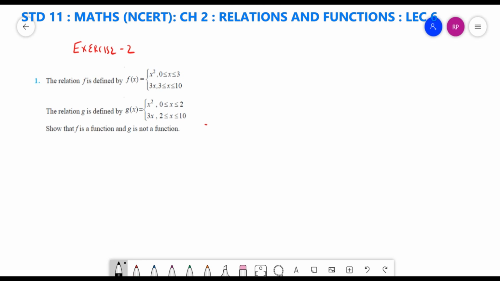So see, when I take this f, there are two functions here. First, f(x) is equal to x² when 0 ≤ x ≤ 3. And another, I can split it into two parts, 3x when 3 ≤ x ≤ 10.